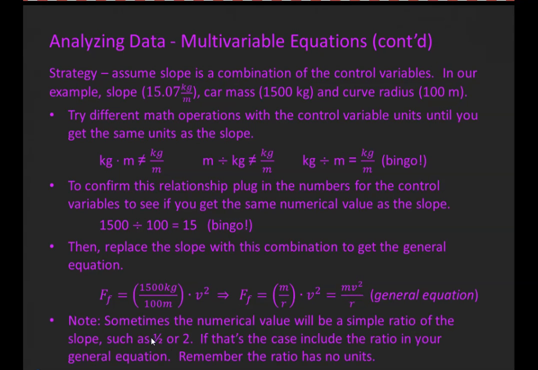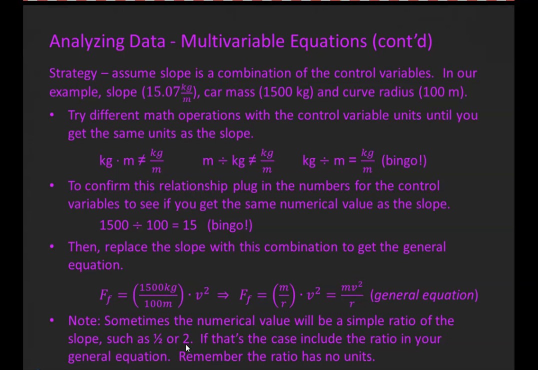Now one note here, sometimes the numerical value will be a simple ratio of the slope. In other words, you may have the math operation that gets the units to match the units of the slope, but then when you do this numerical confirmation step, you may find out that the number doesn't match the slope. Rather, it might be half the value of the slope or twice the value of the slope.